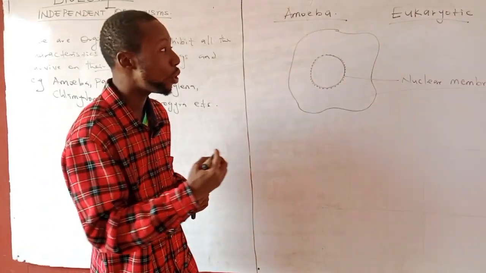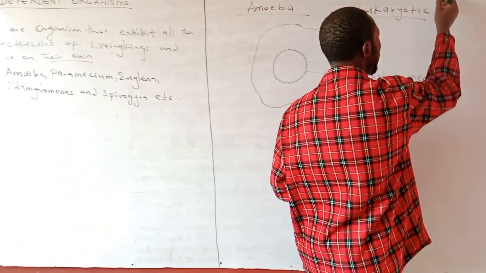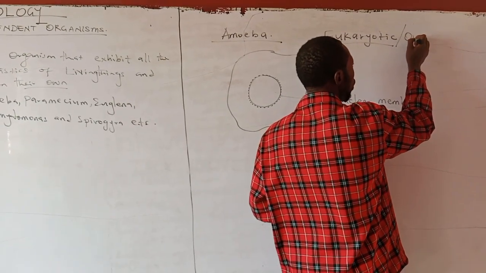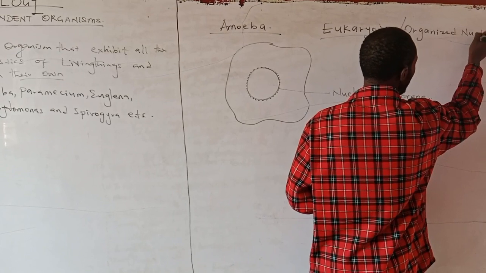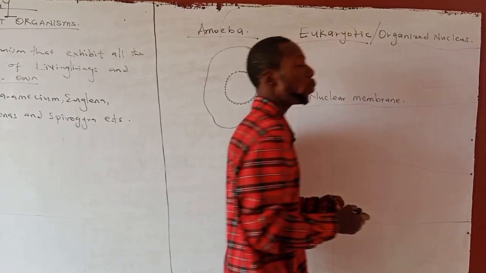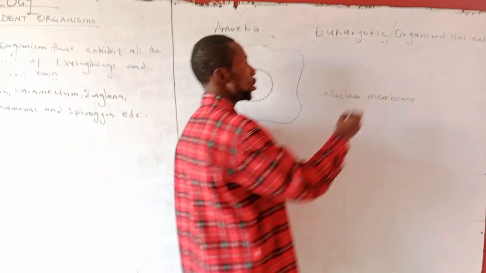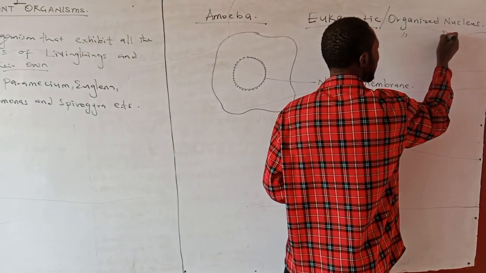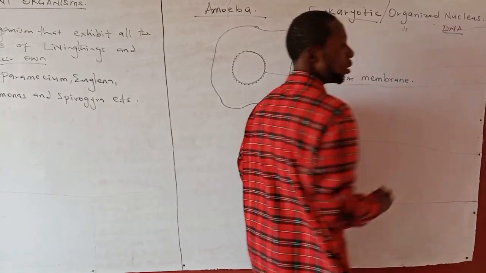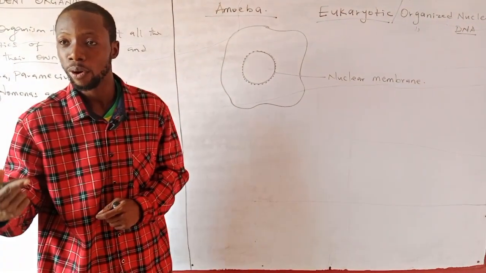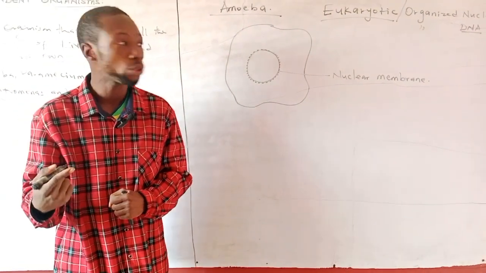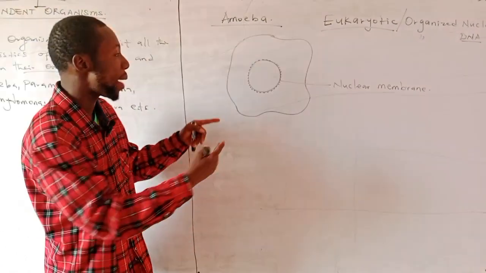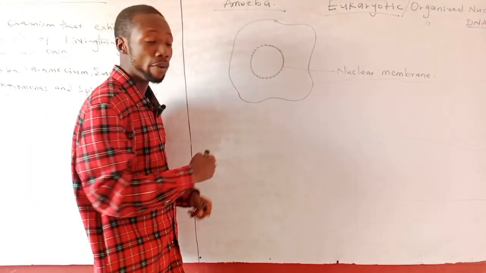You can also call them organisms with an organized nucleus or organized DNA, because all the components of the nucleus, like the chromatin thread, the chromosome, and the DNA, are well packed inside the nucleus of the cell.